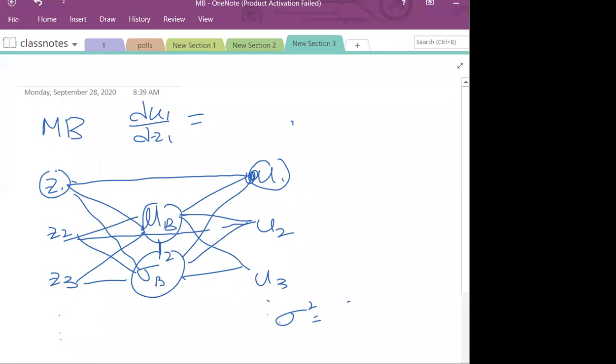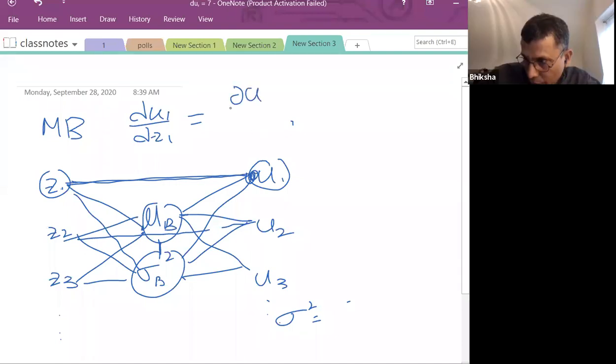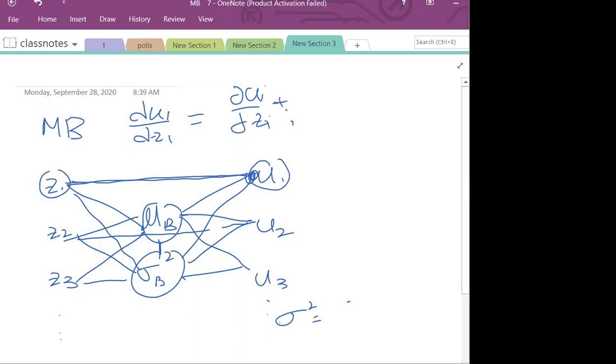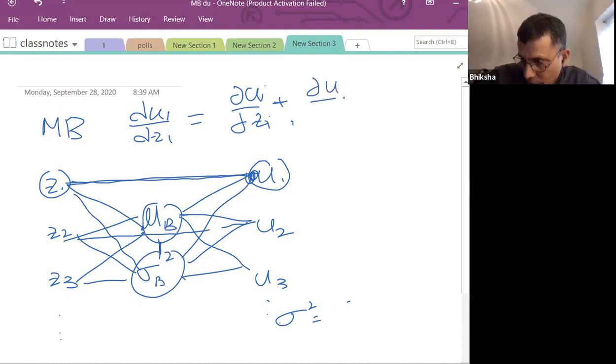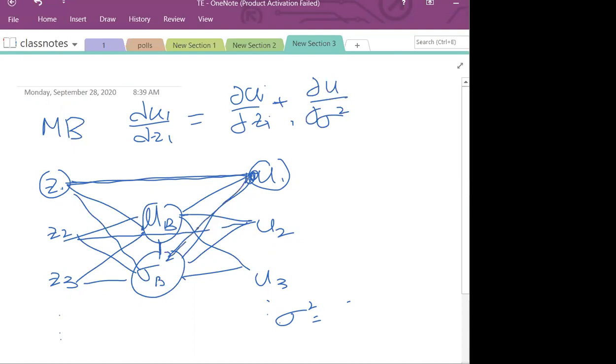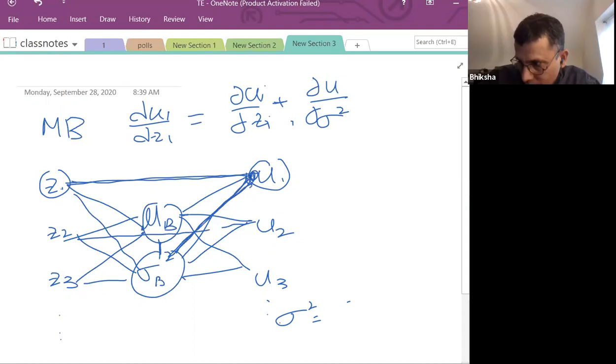There's one component that's just du dz, that's a partial of ui with respect to zi. And then what's the second? There's the partial of u with respect to sigma squared, and d sigma squared dz. Is that a partial or a full?